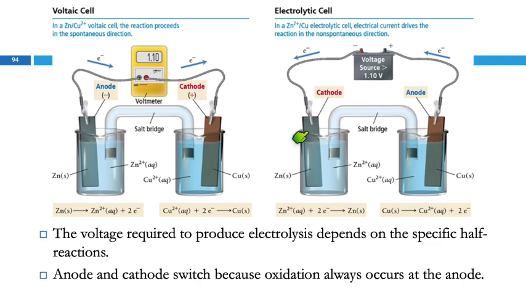And so electrons are coming in here, and the zinc is becoming zinc ions, and here the copper is becoming copper ions. So it's backwards. So the anode and the cathode get switched.